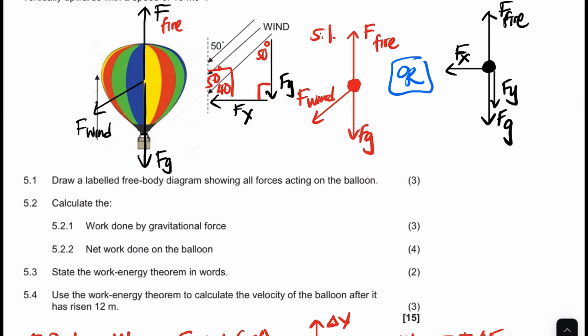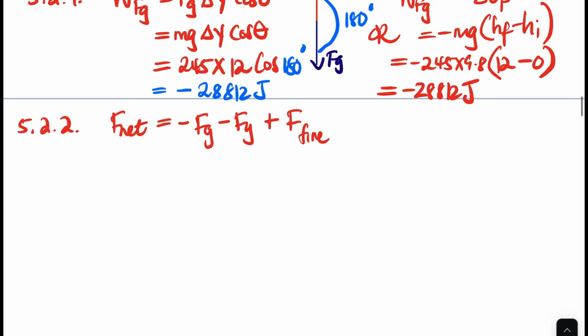See that the force of fire is moving up, so it's positive, and down is negative. That's what I've done there. So the gravitational force is going to be equal to mg, and then the Fy is going to be F sine theta, plus the force of fire, which we are given, so there's no need to calculate that.